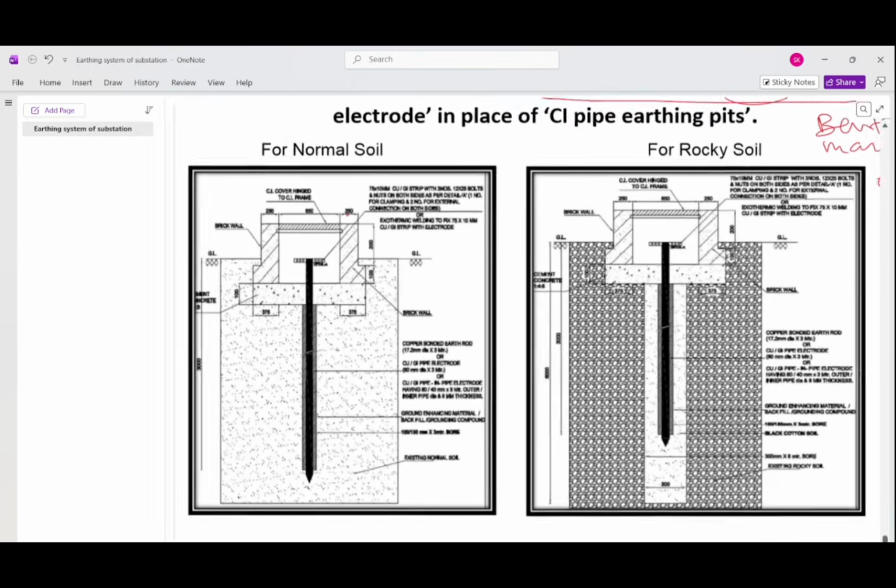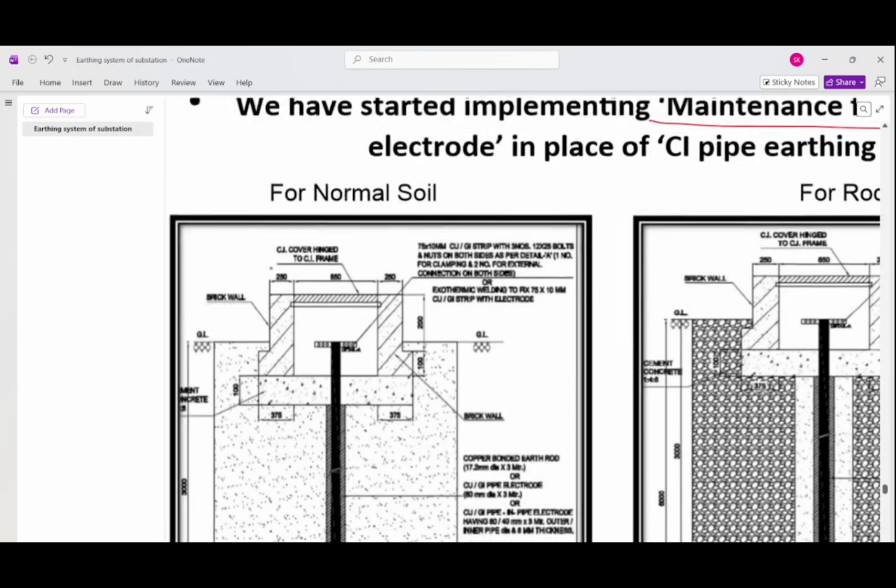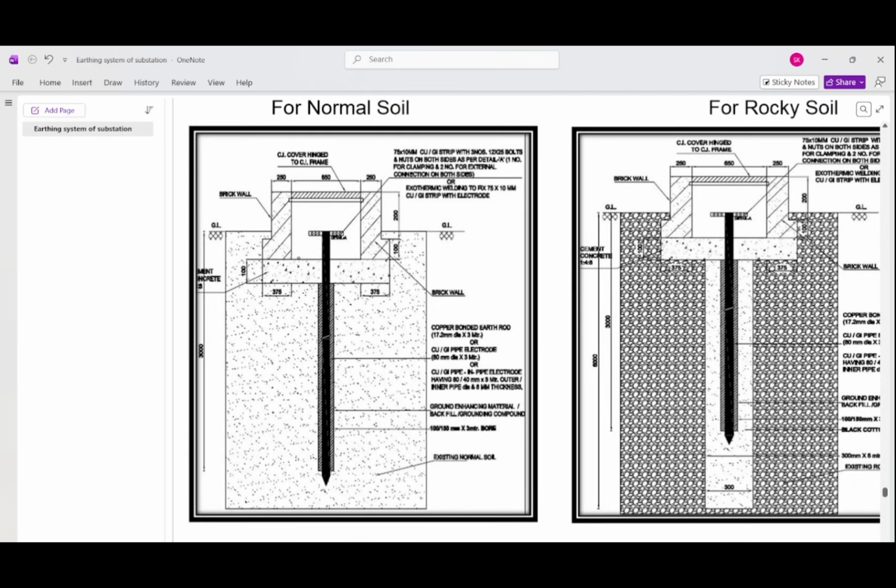So normal soil, cast iron cover. This is the earth pit details we have provided. 3 meter earth pits. So here a 3-meter earth pit is provided.